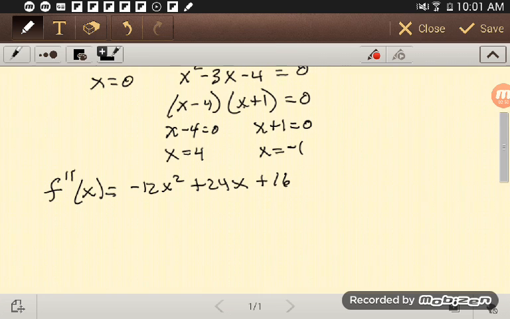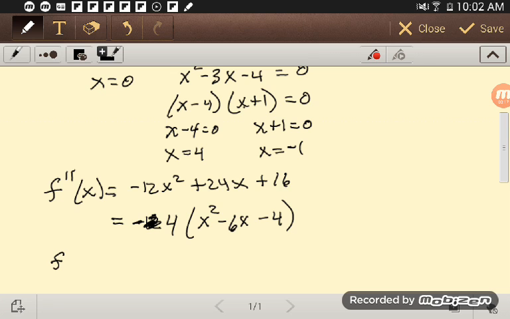Now, just to make my life a little easier, I'm going to factor out a negative 4 out of each of those, to get x squared minus 6x minus 4. And now I'm just going to check my different numbers here.